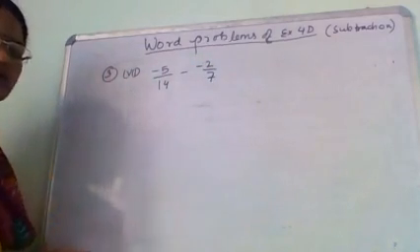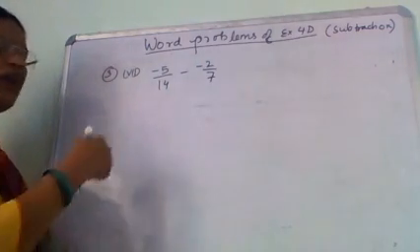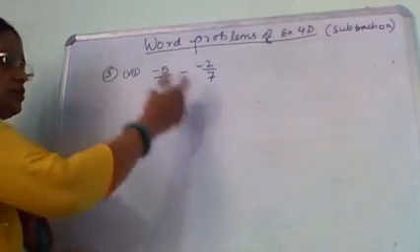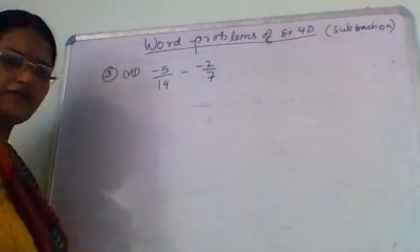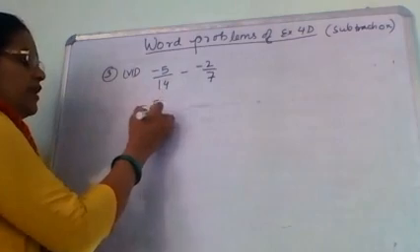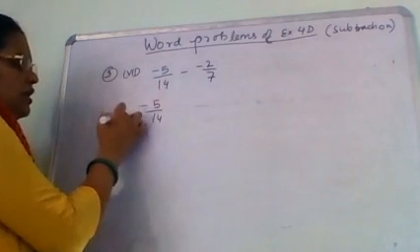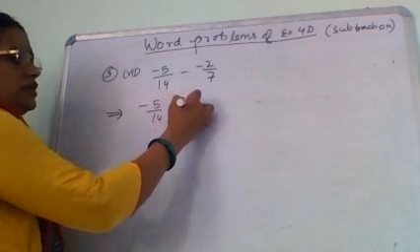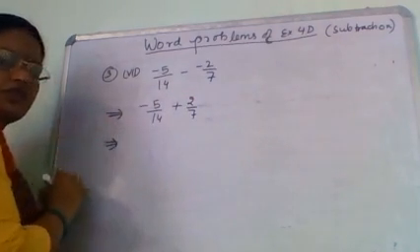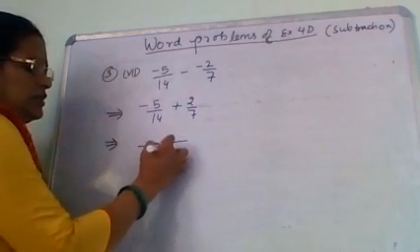See students, this type of questions we have to first convert into the standard form. So here two signs are there, so we have to convert it into one sign. So it is minus 5 by 14. This is equivalent to minus plus 2 by 7. Now we can take the LCM of 14 and 7. So that LCM is 14.